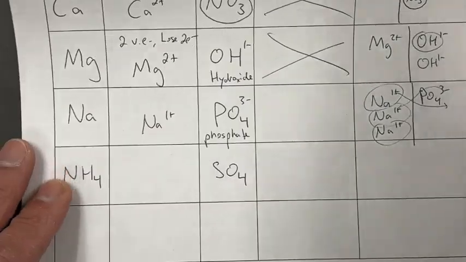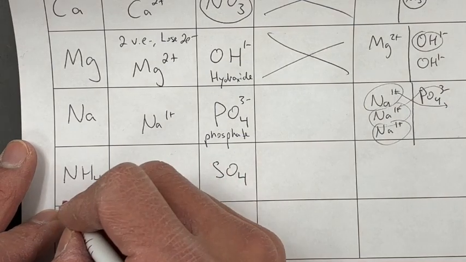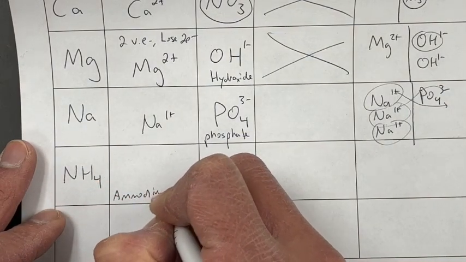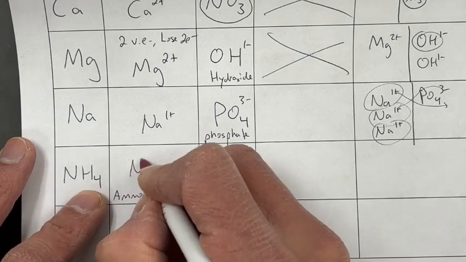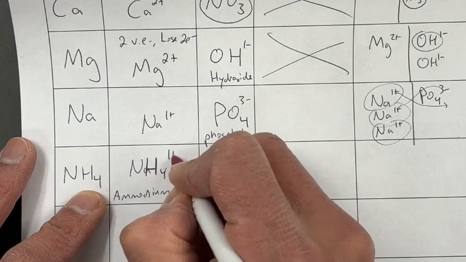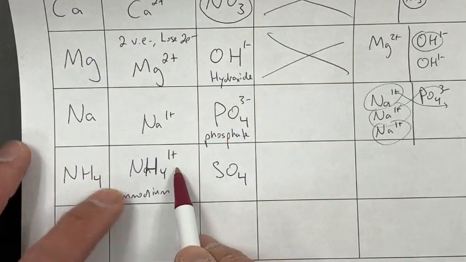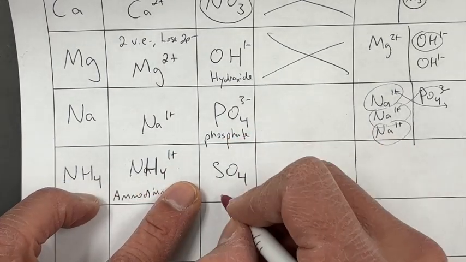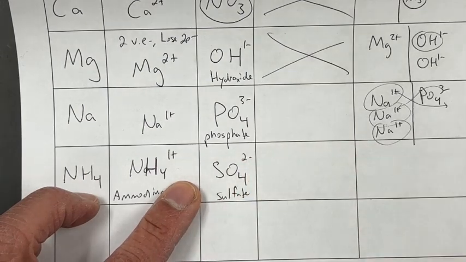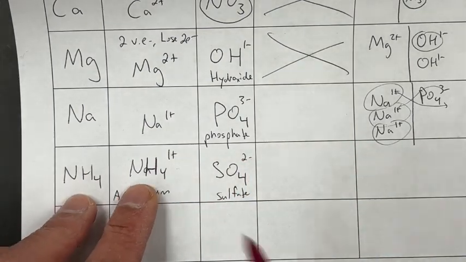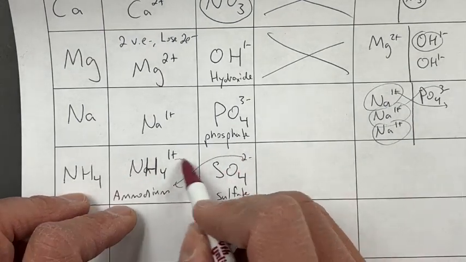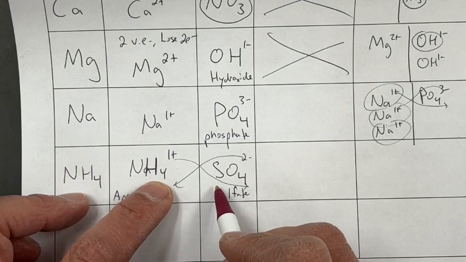And the last one, this is called the ammonium group. Ammonium is NH4, NH4, 1 positive. SO4 is the sulfate group. It's 2 minus. So when you combine these together, if I want to crisscross this, you can see how that works out.